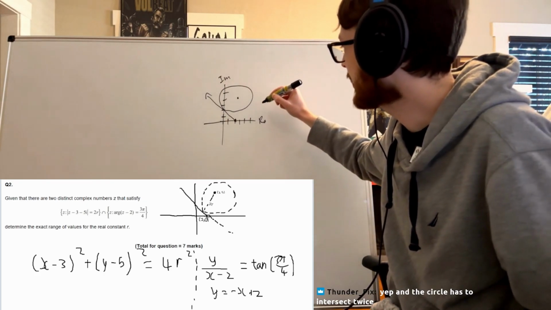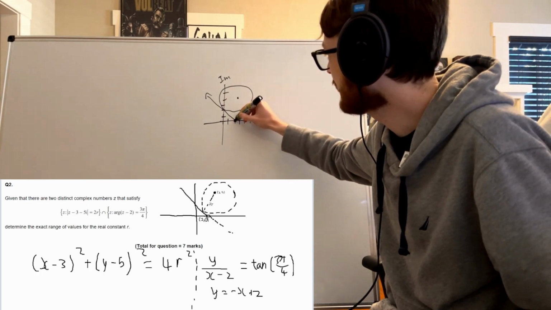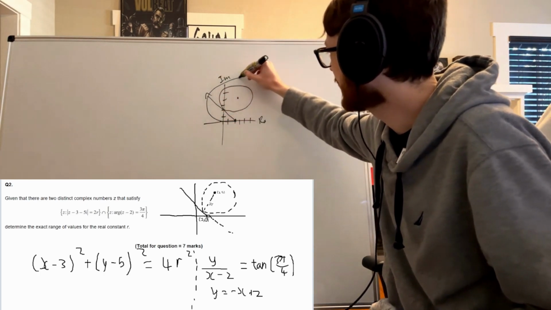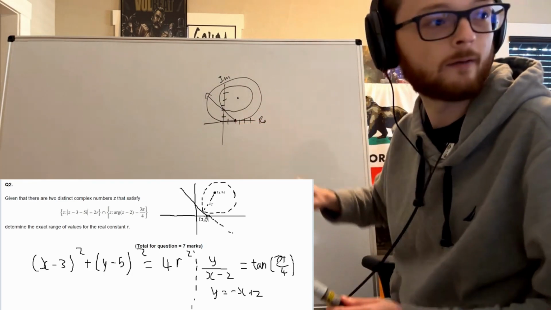And then we have another case where the circle goes around this point and does hit twice, but any bigger and you're done for. Because now it's gonna go off the edge of that part that we cut off.